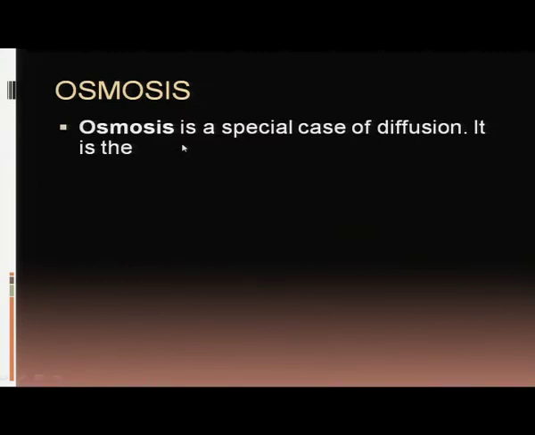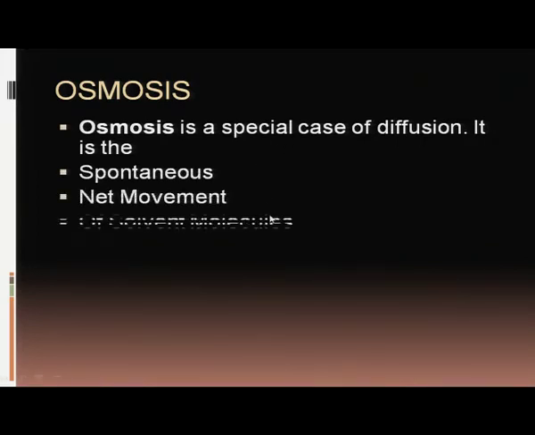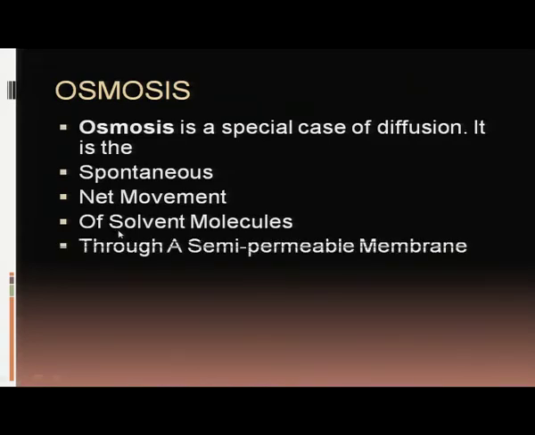You must have studied about osmosis in junior classes also. You must be knowing that osmosis is also a special case of diffusion. It is the spontaneous net movement of solvent molecules through a semi-permeable membrane. Now, the point to be noted here is that osmosis involves the movement of solvent molecules.